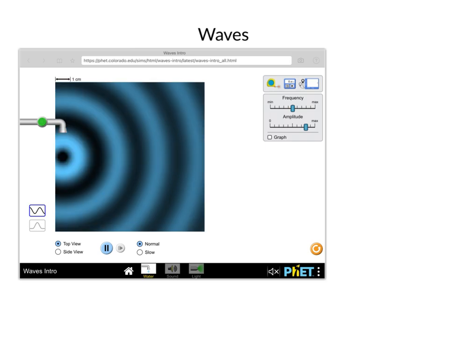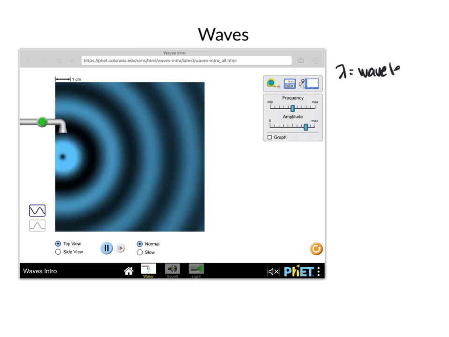We have the wavelength, which we typically give the symbol lambda, which is the small Greek letter for L. So the wavelength is the distance between crests on the wave, wave crests.